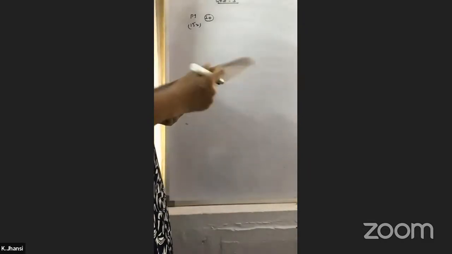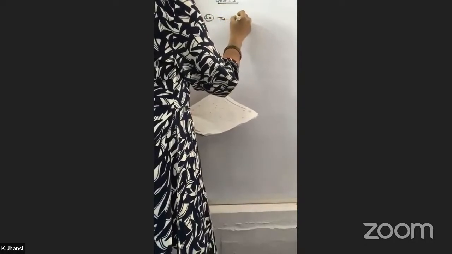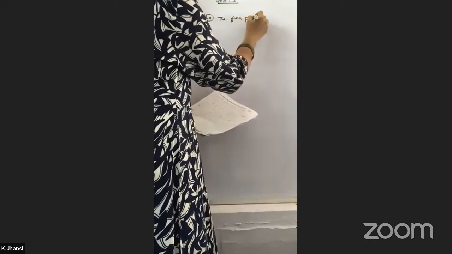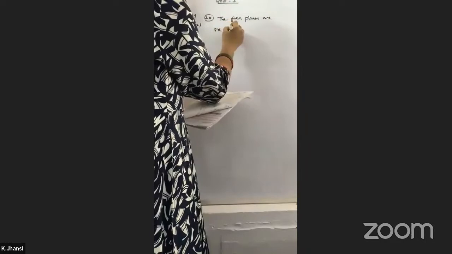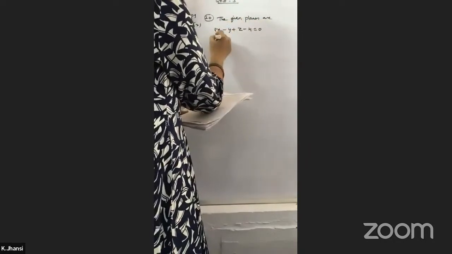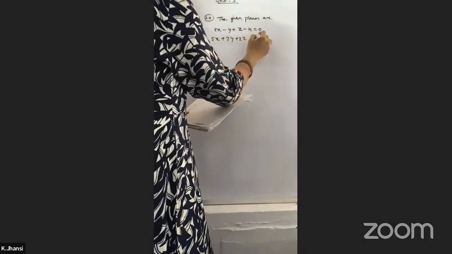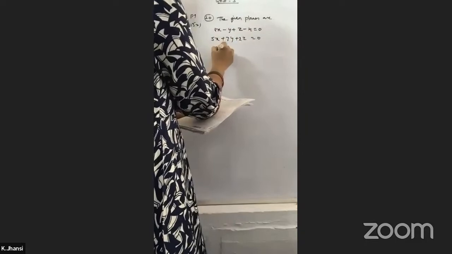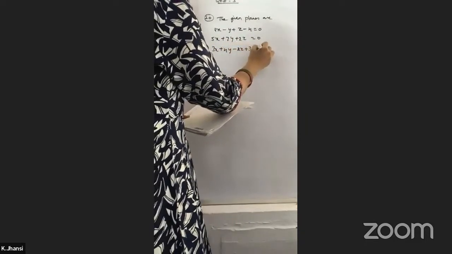Now the given planes are 2x minus y plus z minus 4 equals to 0, 5x plus 7y plus 2z equals to 0, and the third one is 3x plus 4y minus 2z plus 3 equals to 0.